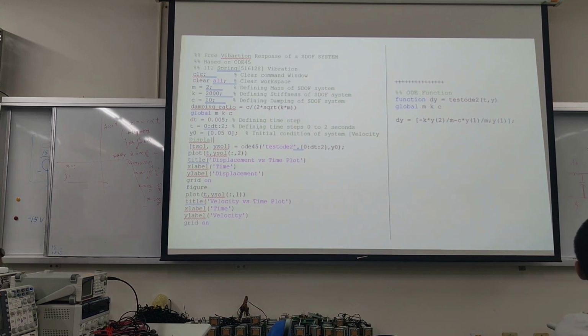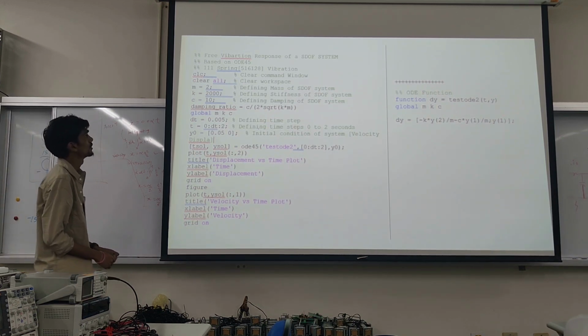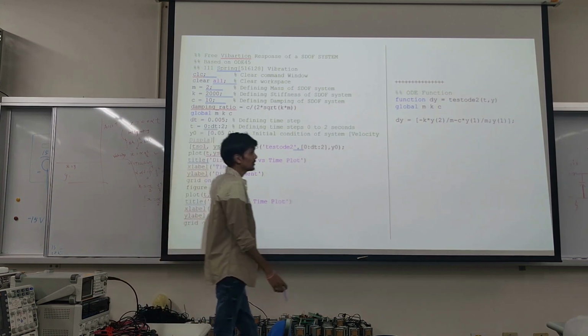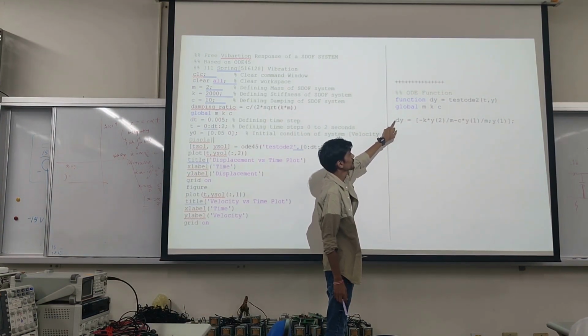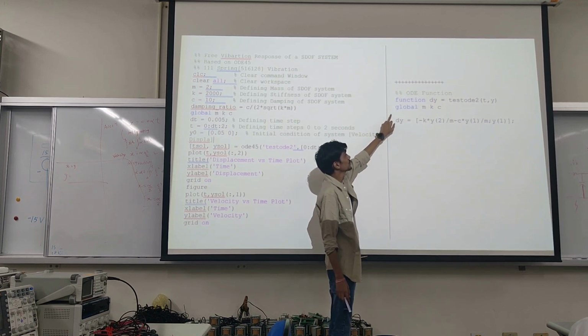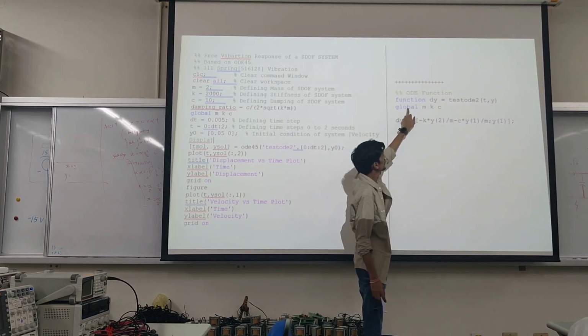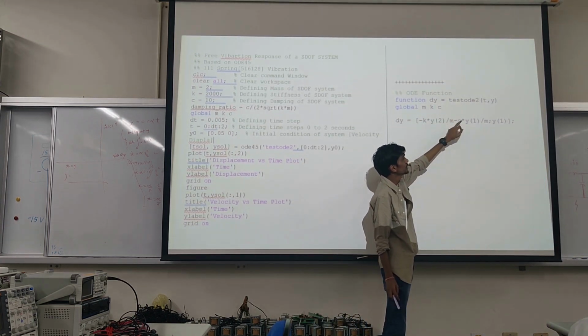So this is the code for the free vibration for the single degree of freedom system. I already told what ODE function you have to get for the ODE 45. So this is our function for the velocity. Let's define function dy is equal to test code 2, t comma y.